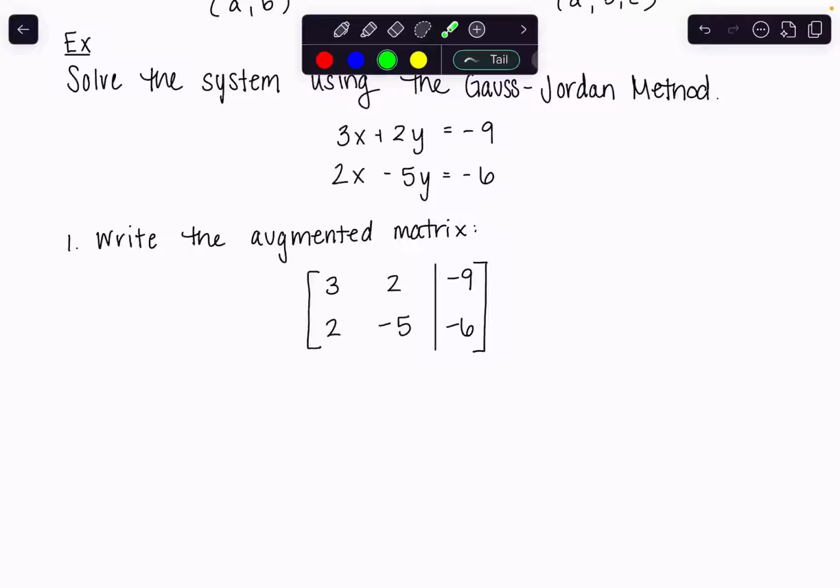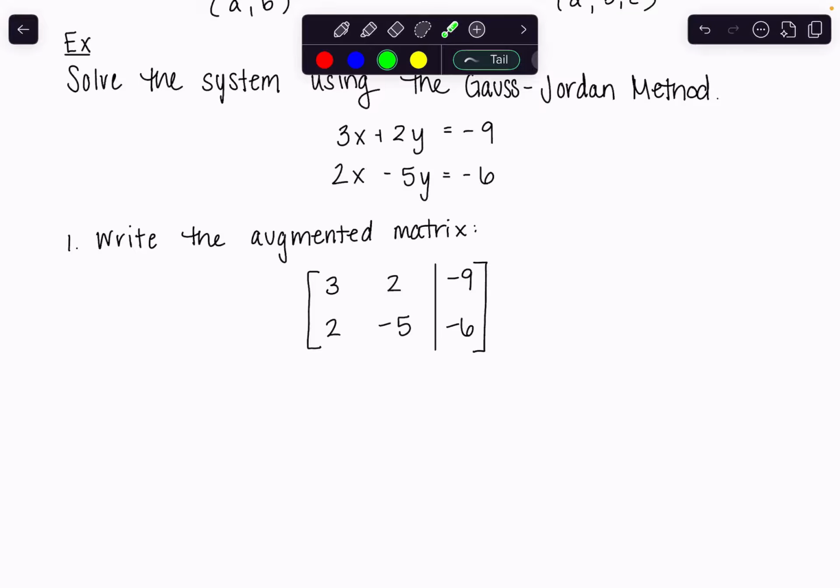Now, my goal is to get ones here, and then I want zeros everywhere else. So essentially, the process we're gonna follow is you get a 1 in that diagonal position, then you get zeros underneath it. Then you get 1 in the next diagonal position, and you get zeros underneath and below it.